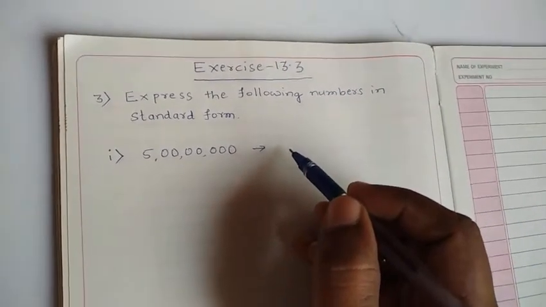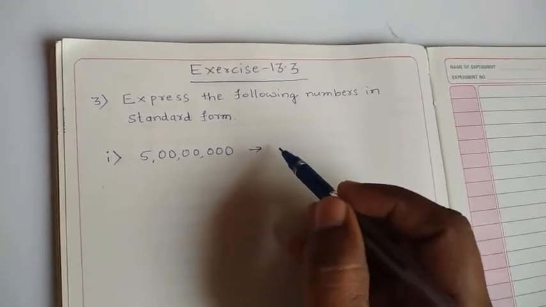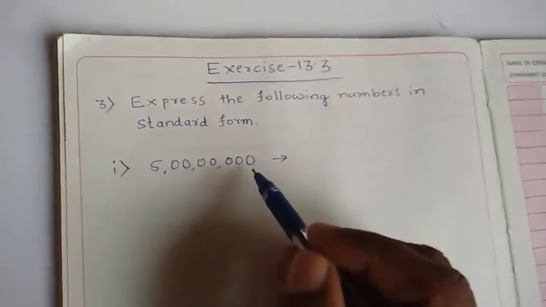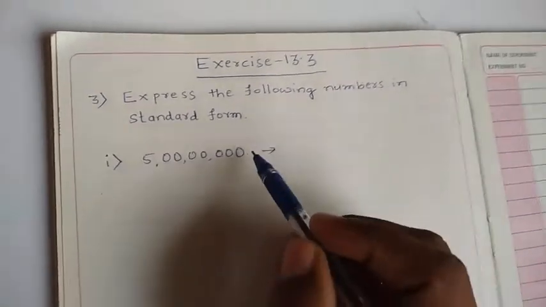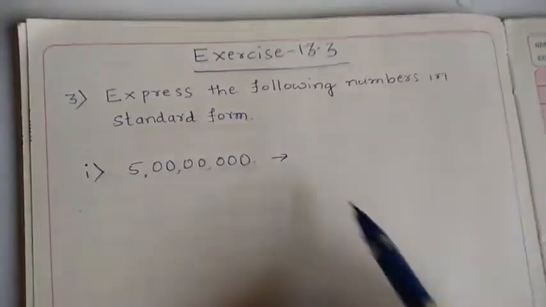What is the first step here? We have to move the point to the left or right. Where is the point presently? The point is here.